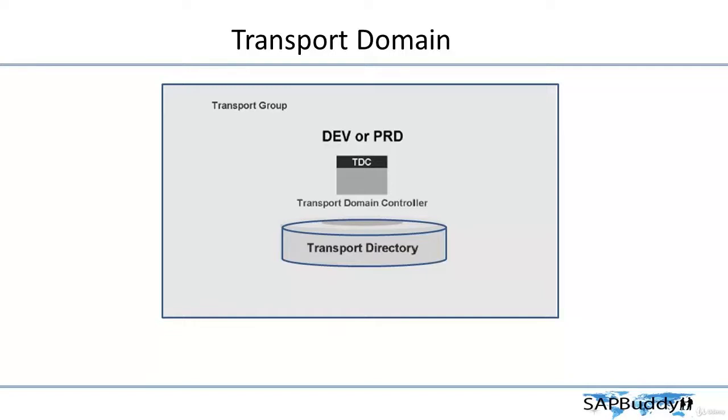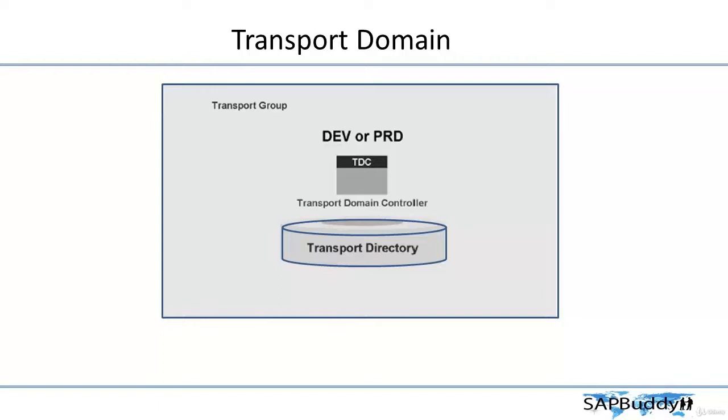So if you have a central user administration system, you can also select that system as your domain controller, because the CUA system is generally selected based on high availability. So we can select that as a domain controller as well.